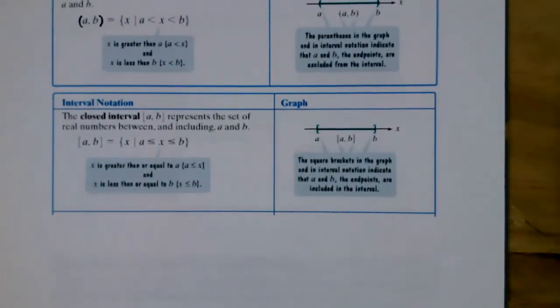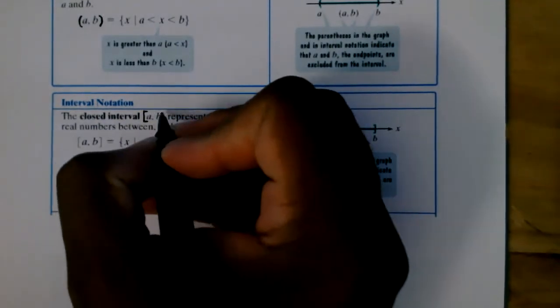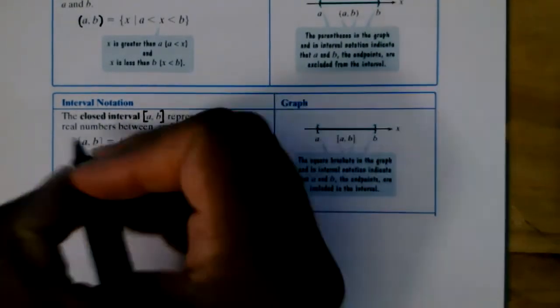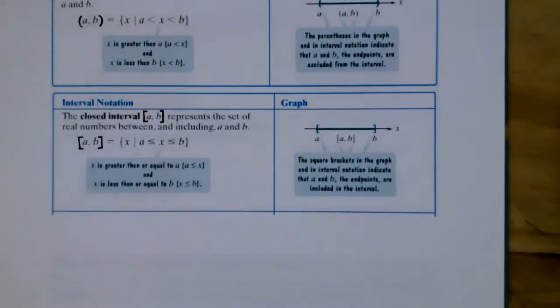And also we have the closed interval. Now the closed interval has brackets. And those brackets indicate that your endpoints are included.